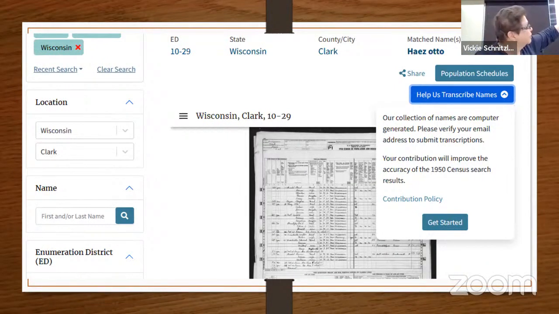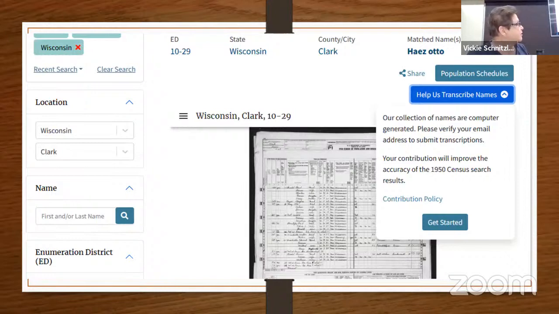Underneath where my face is up there, there was a line that says, help us transcribe. So I clicked on that button and that little thing came up that says our collection of names is computer generated, and they would like our help to verify addresses or fix names, those types of things.